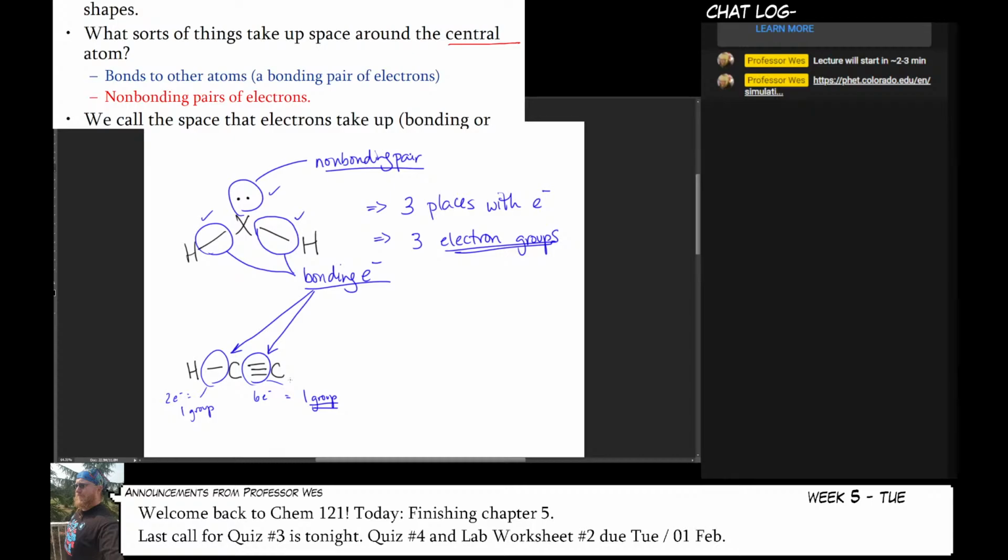Because they all exist in the same space, we're going to treat them as one group. So the number of bonds in a location between 2 atoms doesn't affect how many groups there are. It's always counted as one group. So this molecule here would be 2 electron groups.